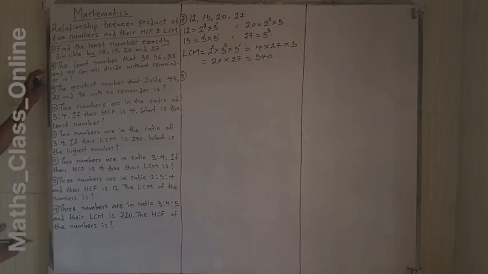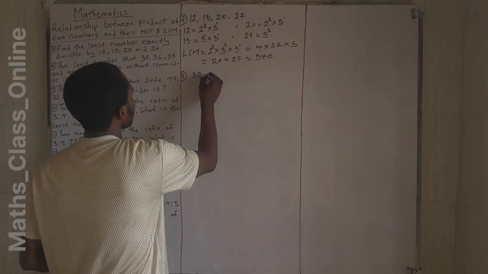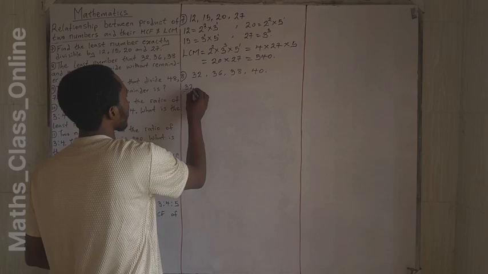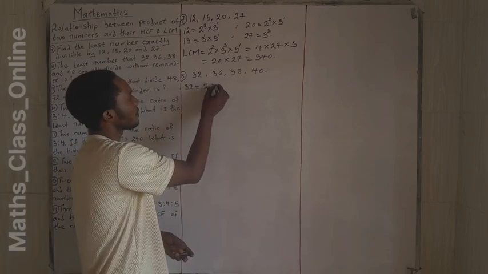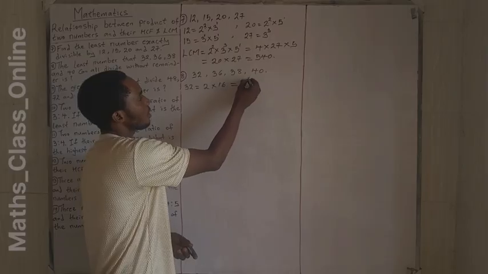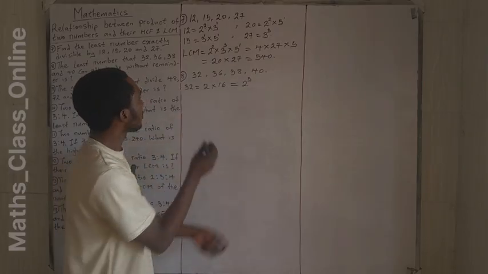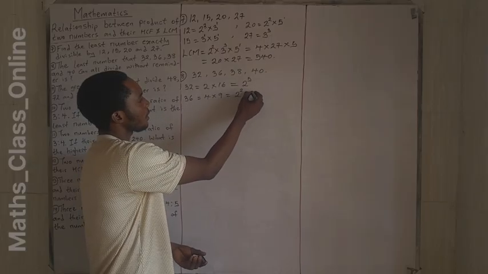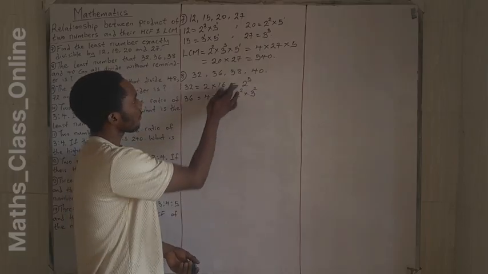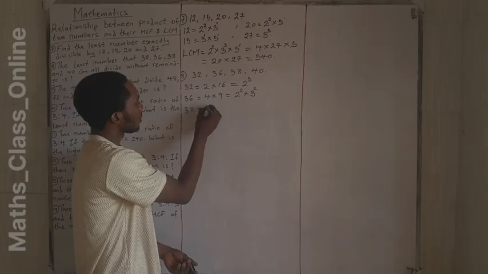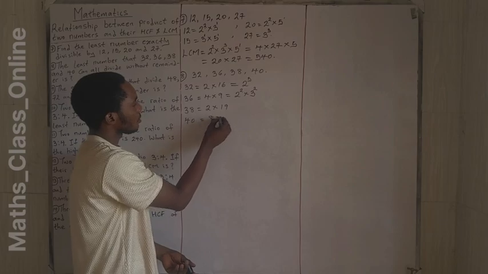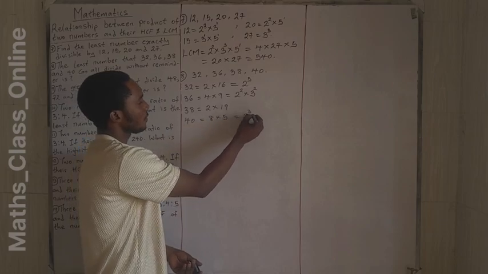This question is also talking about the LCM of 32, 36, 38, and 40. 32 is equal to 2 times 16, and this can be written as 2 raised to the power of 5, since 16 is 2 raised to the power of 4. 36 is 4 times 9, and this is 2 raised to the power of 2 multiplied by 3 raised to the power of 2. 38 is 2 times 19, and 40 is 8 multiplied by 5, which is 2 raised to the power of 3 multiplied by 5.